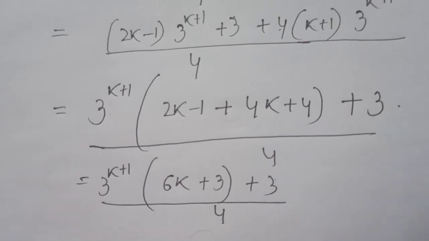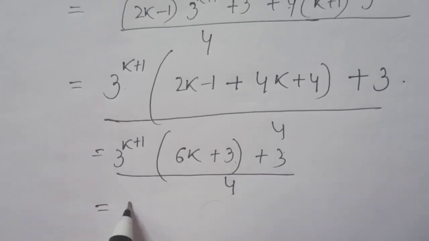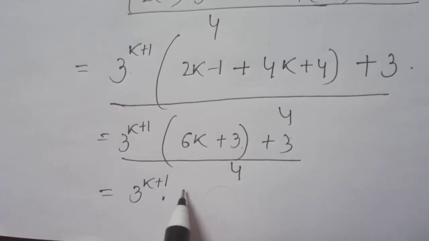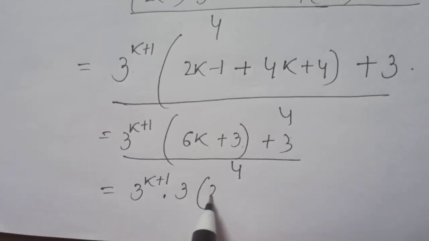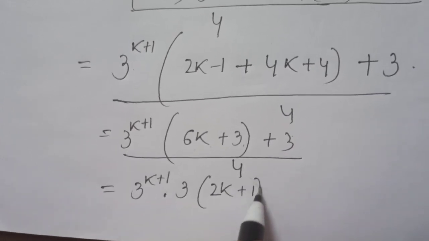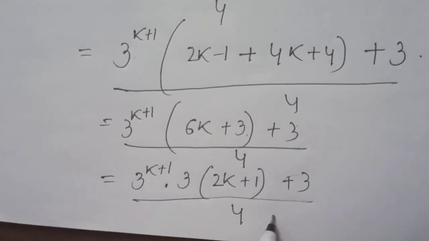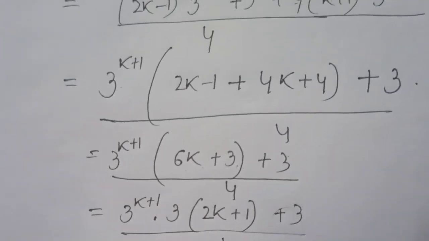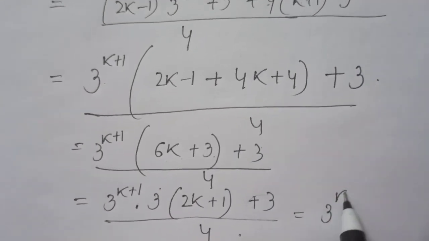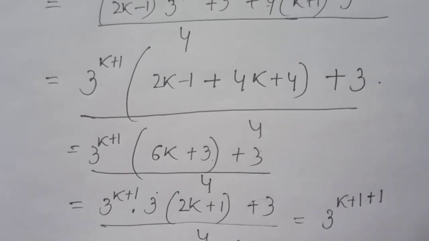The same, if now I am taking 3 as common, I can write it as 3^(k+1) into 3. It becomes 3 twos are 2k plus 1 plus 3 by 4. So now here 1 is there, so the same I can write this as 3^(k+1) into this 2k plus 1.